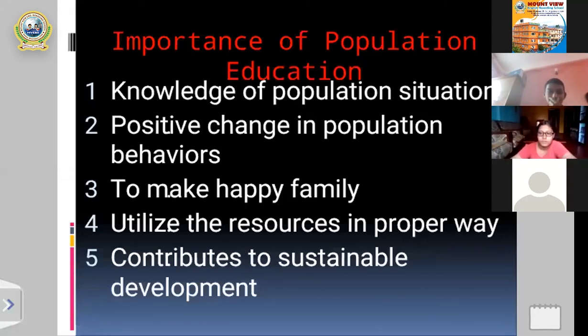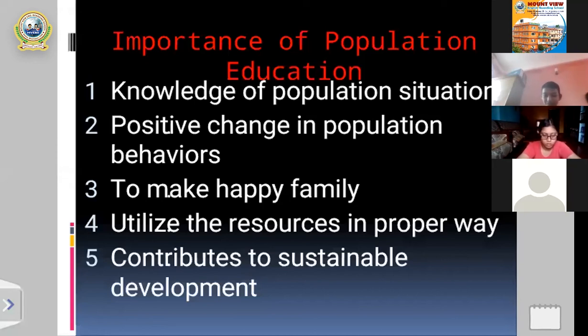To find out the increment or decrement of the population, population education is very essential, because population education teaches us to gain the knowledge of the increment and decrement of the population. So the first importance of population education is knowledge of population condition.